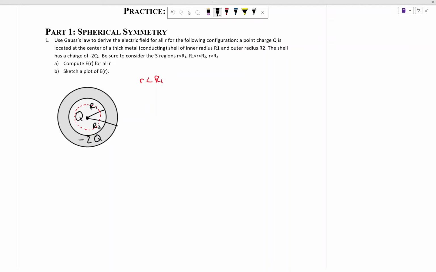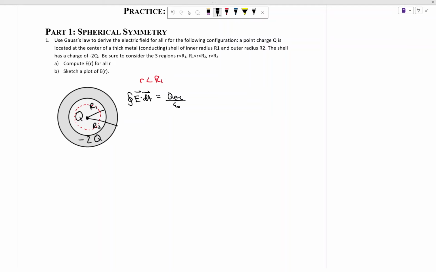The starting point for all of these problems is the same, Gauss's law: the integral of E dot dA is equal to the charge enclosed over epsilon naught. So the flux through that closed surface only depends on the charge that's enclosed by it.